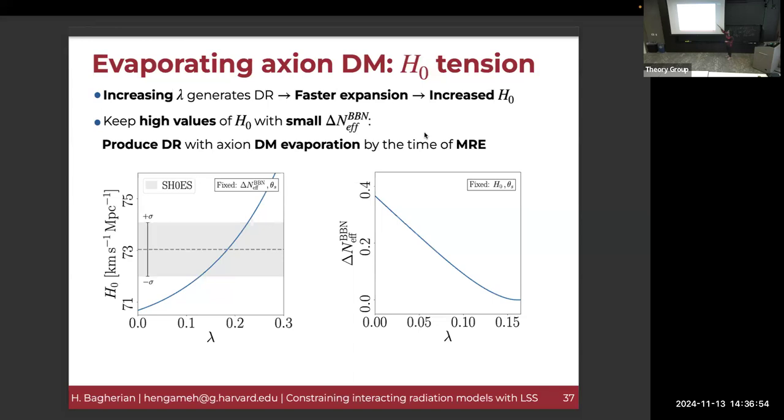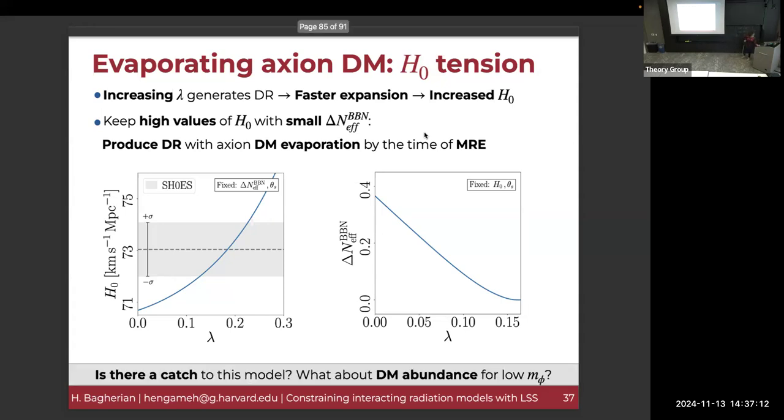So in this plot, Hubble is fixed to the value of the SH0ES measurement. And I show that if I just crank up the evaporation rate, I don't need to start with a big amount of delta N effective, because by the time I make it to matter-radiation equality, I can just generate the amount of dark radiation from dark matter.